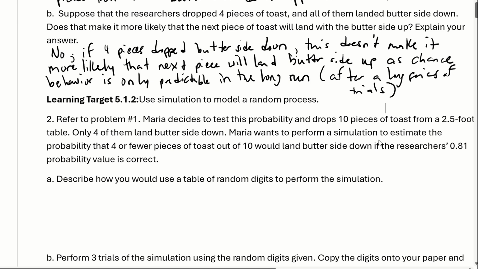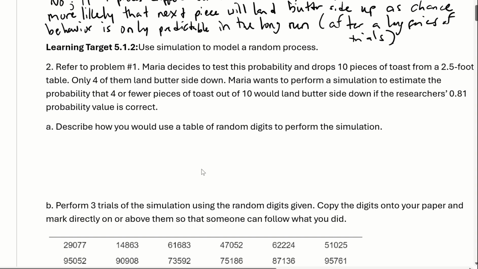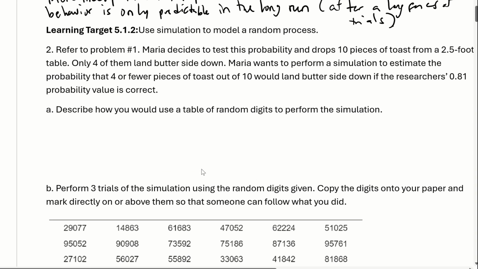So she wants to perform a simulation to estimate the probability that 4 or fewer pieces of toast out of 10 would land butter side down if the researchers' 0.81 probability value is correct. So we want to test the 0.81 probability value. In our simulation, 81% of the numbers selected should be butter side down, if we assume the claim is true.